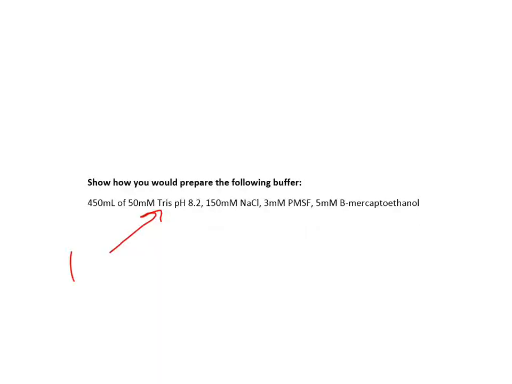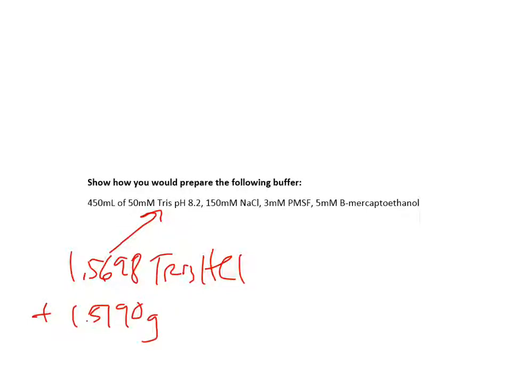We need to weigh out 1.5698 grams of Tris HCl and 1.5190 grams of Tris base. That's going to give us our buffered piece. That's the first part of our buffer. We solved that using the Henderson-Hasselbalch equation and molecular weights.